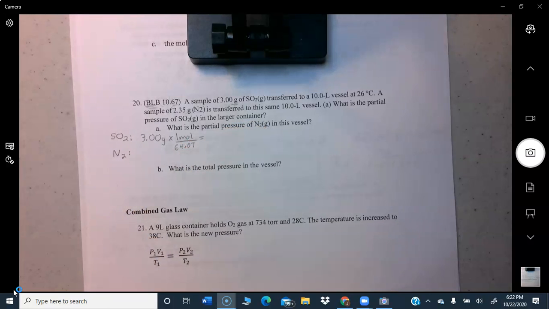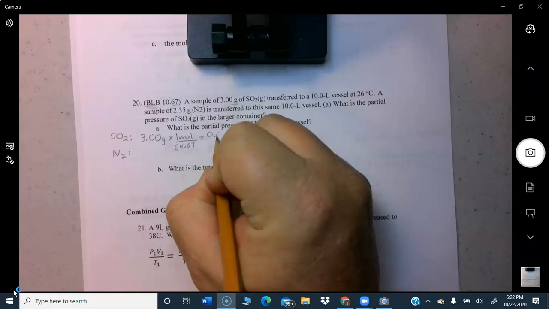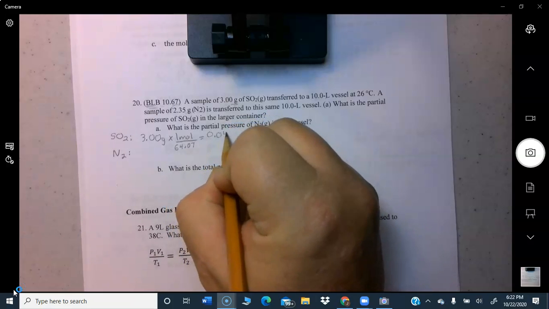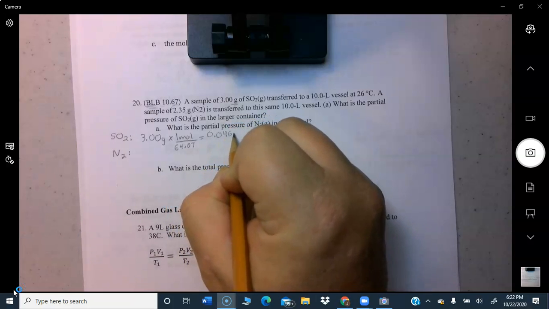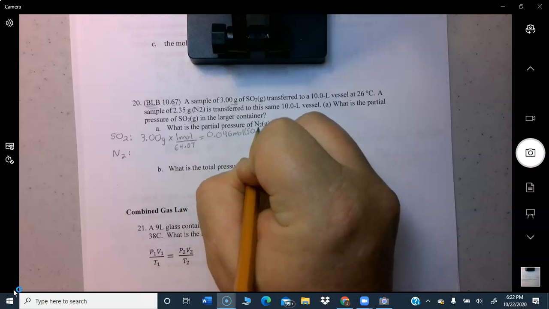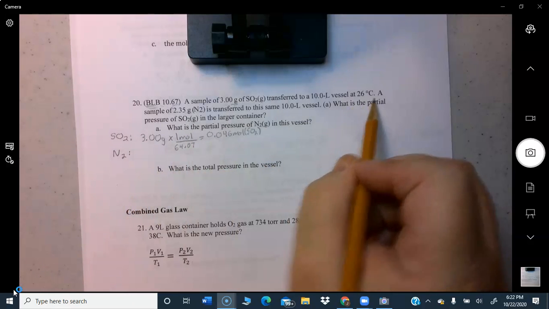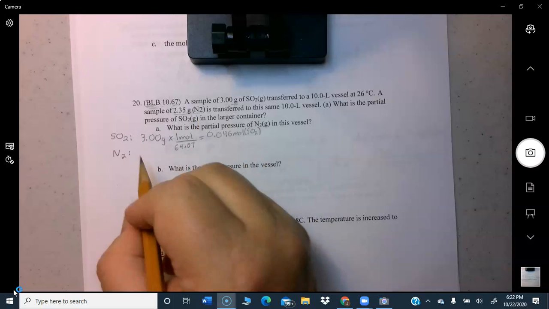And that is going to give you 0.046, and that is moles of SO2. Okay, same with nitrogen. It says that we have 2.35 grams of N2.